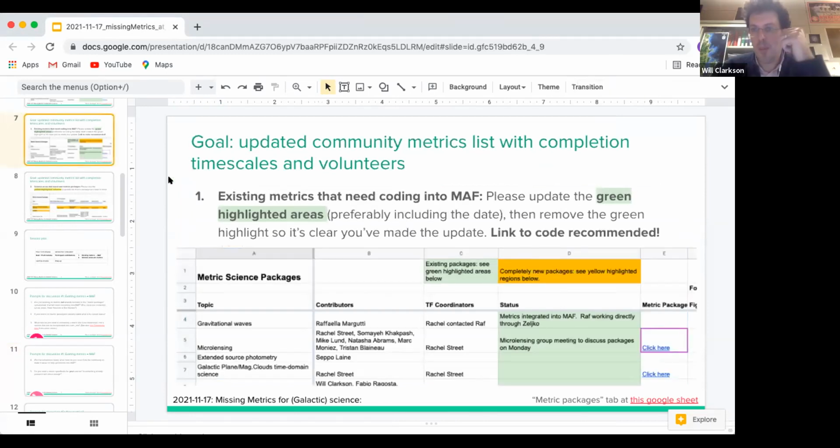So a suggestion for the community would be to please make sure that you do update this column and status, so that this prevents any additional effort for chasing down something that's already been done.